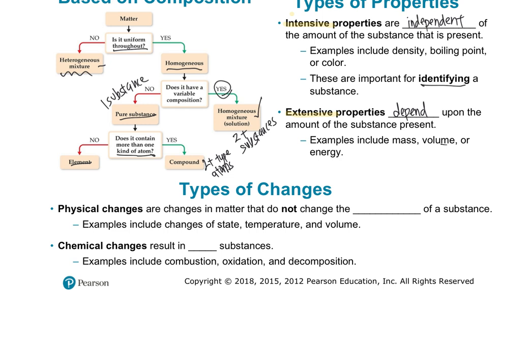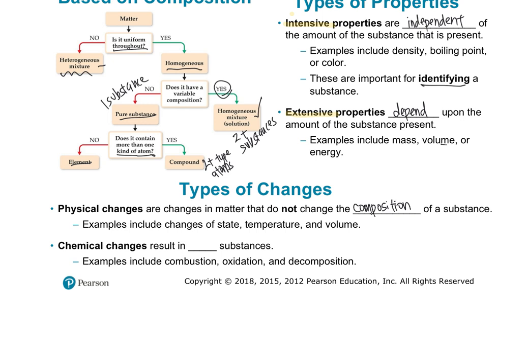Types of changes, we have both physical and chemical changes. Physical changes don't change the composition of the sample or the substance. When that change occurs, like boiling or melting or condensing, it's still the same substance. We haven't changed the arrangement of the atoms.